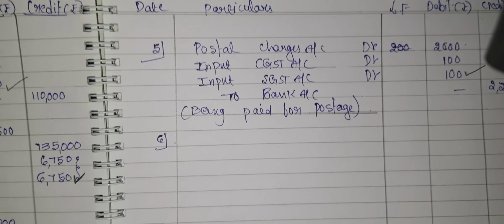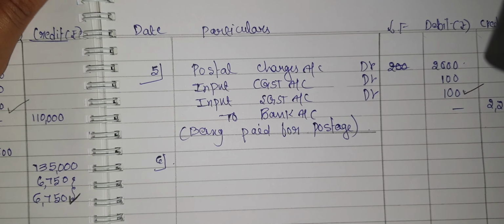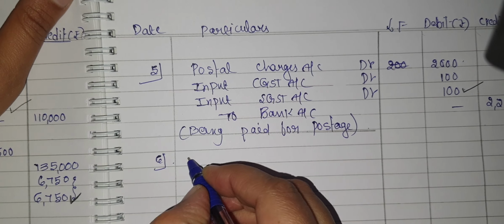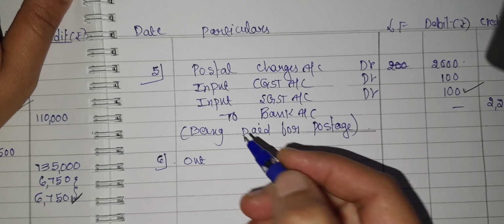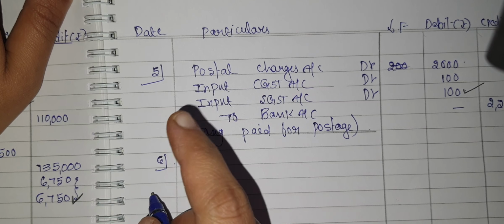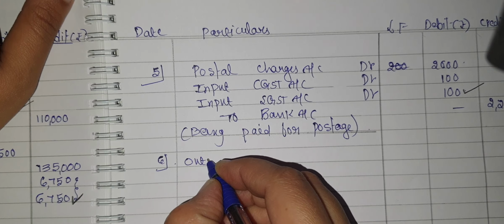Now we will pass the journal entry. This journal entry is related to the GST payable to the government.